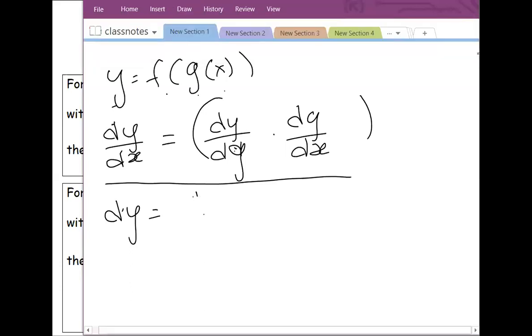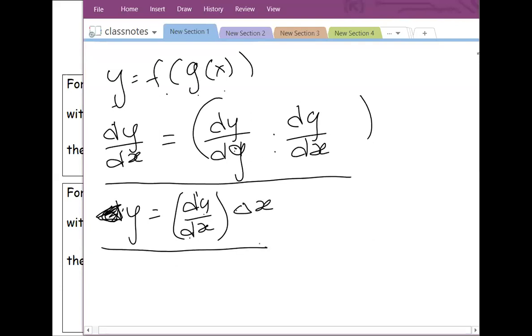It's dy over dx, this is my derivative, times delta x. So I need to be able to plug this formula in here, and if it's valid, then I've shown that this property indeed holds.